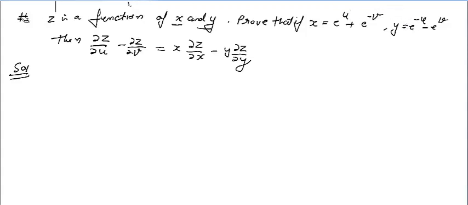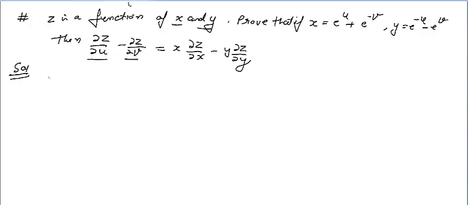Now we want to show this, curl z by curl u. So the interesting point is this: z is a function of x and y, and x and y are further functions of u and v. So you can find curl z by curl u and curl z by curl v, and you can subtract them from each other.